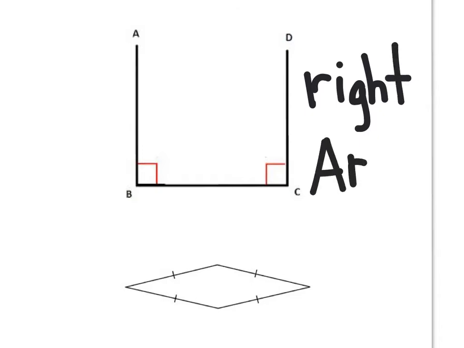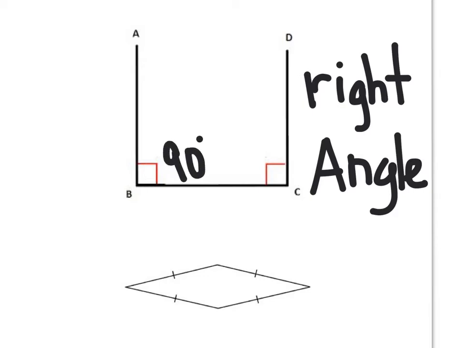angle. A right angle is considered a right angle when it can form a square in the corner. For example, so you see that square right here? That is an example of a right angle because it forms 90 degrees. Here's another example of a right angle.